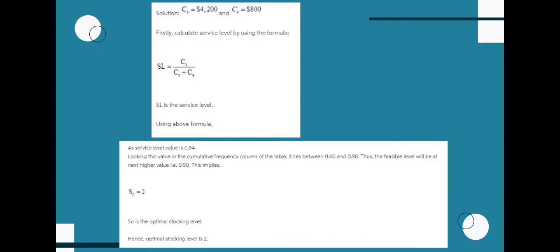Now, here's the solution. Shortage cost is equal to $4,200 and the excess cost is $800.